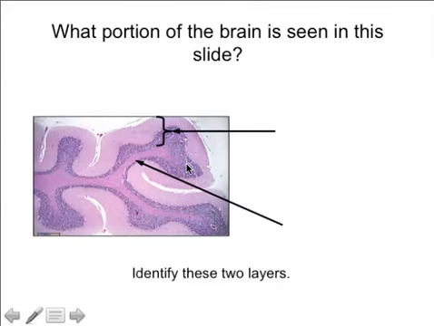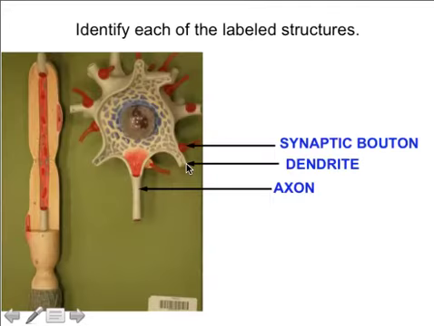Okay, here we have a look at the nerve model. Okay, and you can see here a synaptic bouton.